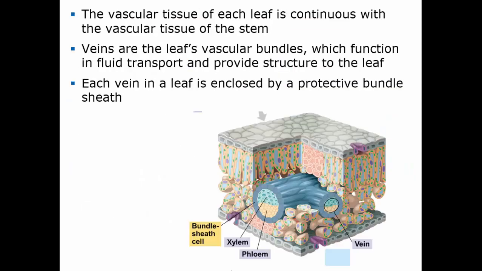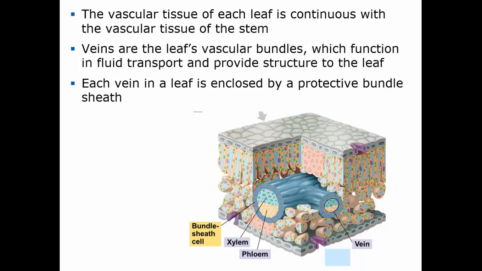Vascular tissue runs through each leaf as veins. It's an extension of the vascular system that comes up from the roots through the stem. All of the vascular tissue is enclosed in a network called a vascular bundle.